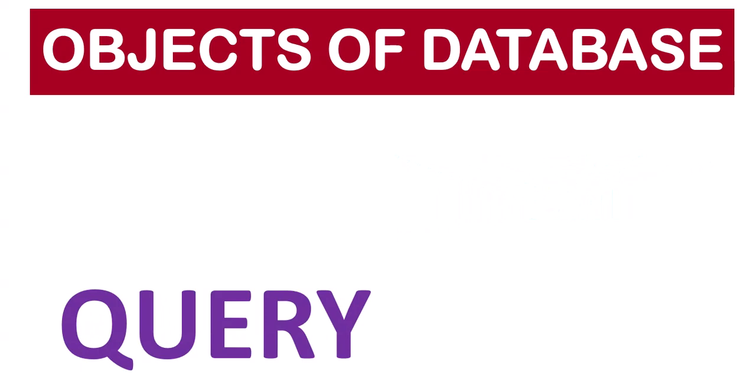The next object of a database is a query. Another name for the query could be an advanced search or a filter. A query is used when you want to extract particular details or information from a database or from a relational database. A relational database, like I said, links various flat file databases together.